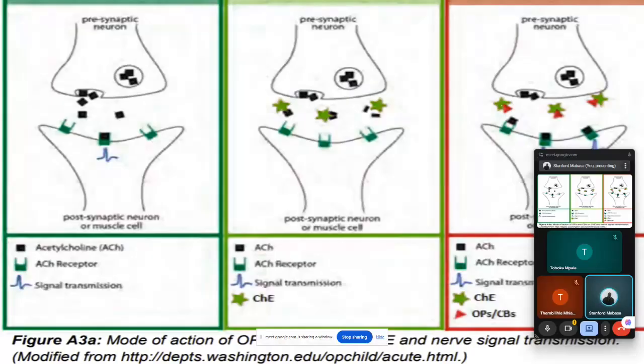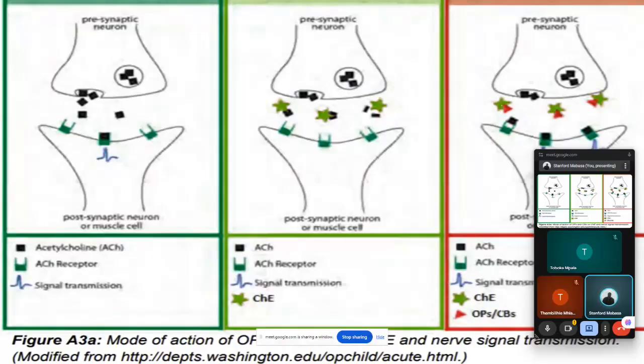But on the far right, where you have that red representing organophosphate, it can also represent the carbamates, which I will talk about shortly. So you can see in that area where you have the red triangle, which is joined to those stars which are green.